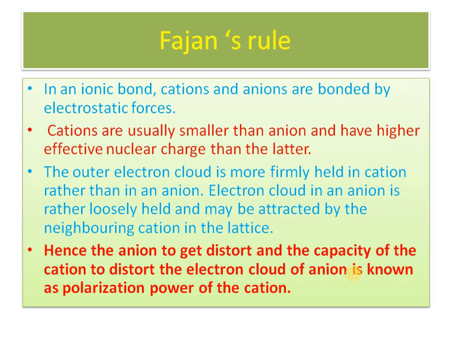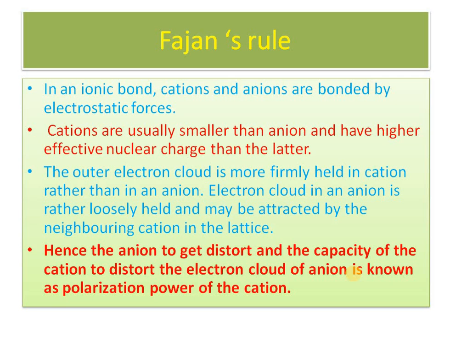Why? Because one electron is already lost, there is already a deficiency of electrons, and that cation is not likely to give any electron. It can take electrons but not give. So the electron cloud in a cation is firmly fixed, but the electron cloud in an anion is loosely held.